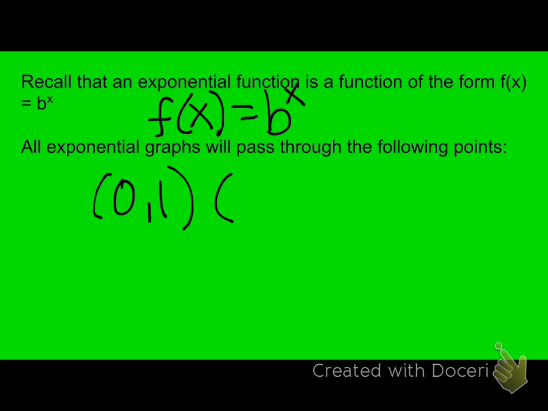Okay. Josh Timmers. 1, b. Correct. Logan Ranshaw, what's the third point? -1, and then 1 over b. Correct.